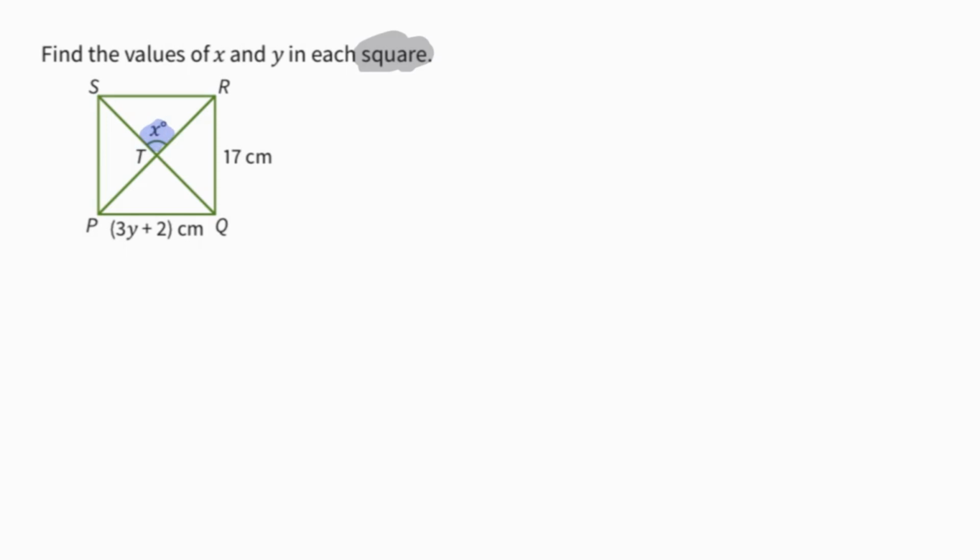Okay? This happens to be a 90-degree right angle, because the special property of a square is that the diagonals are perpendicular to each other.